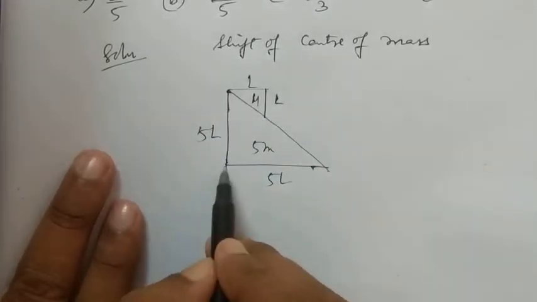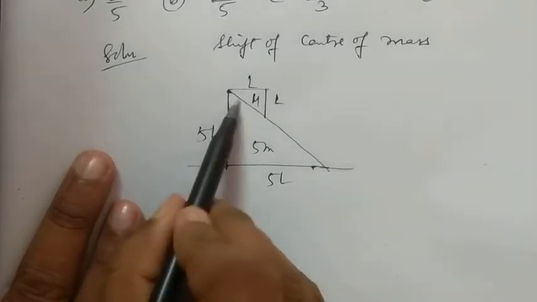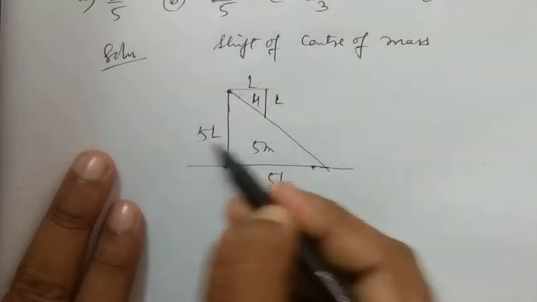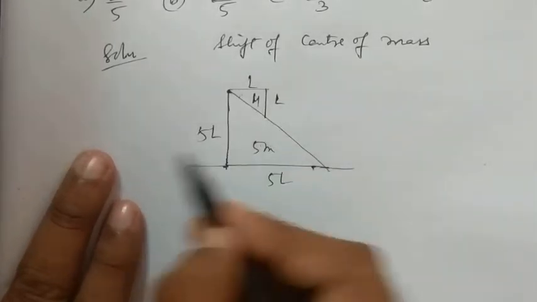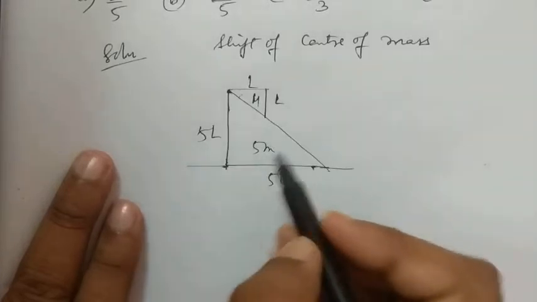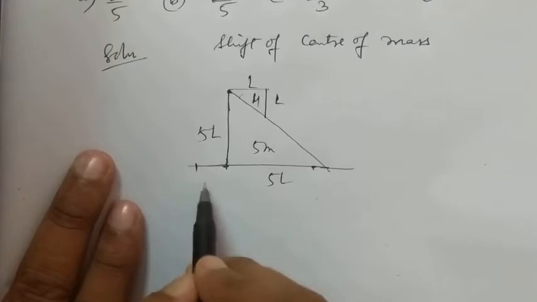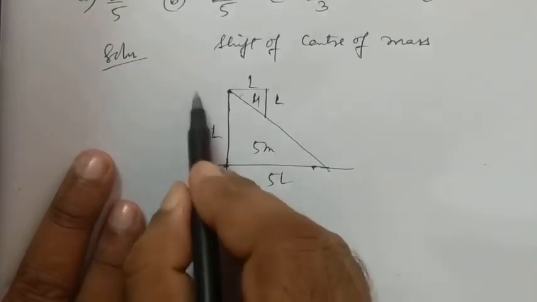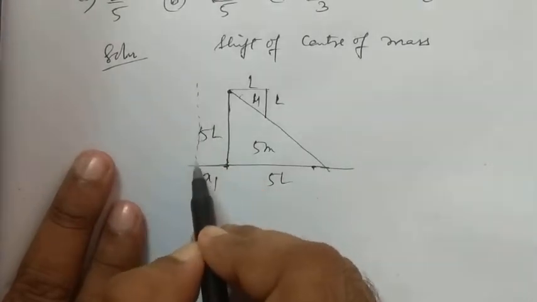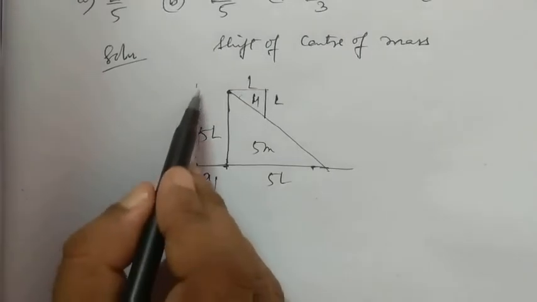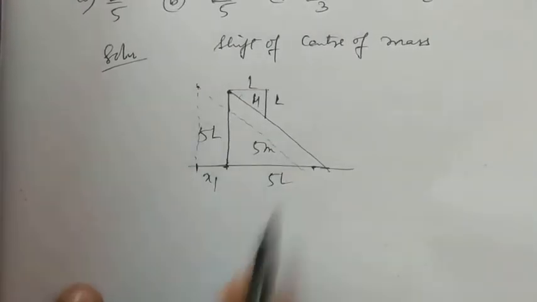Now if this block slides down, there will be a force acting on this block and the block will shift in the leftward direction. Which block? 5M. Now suppose this block shifts by distance x1, so now the new position of the 5M block is like this.